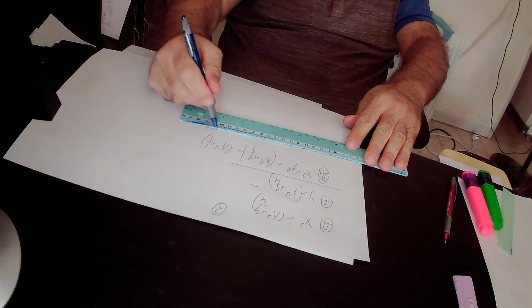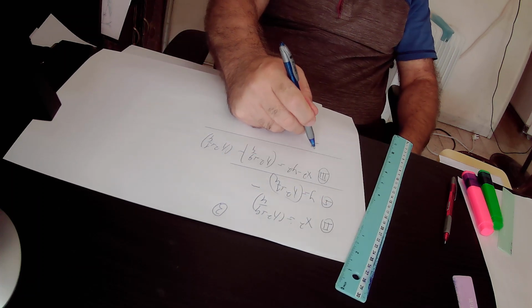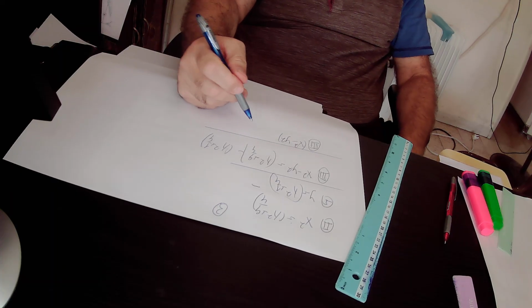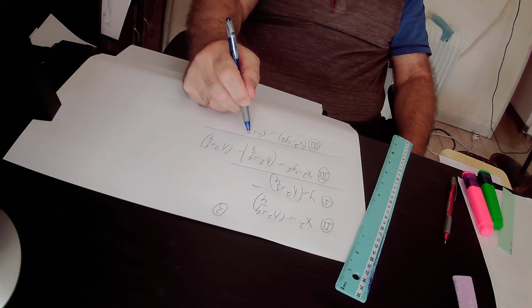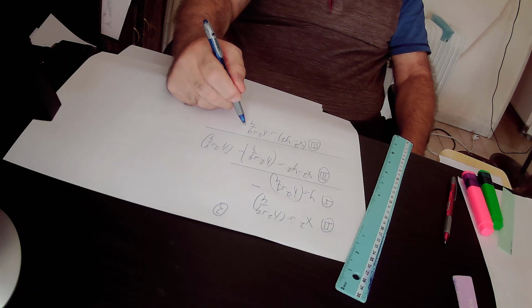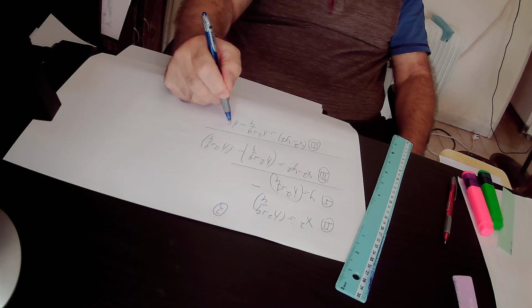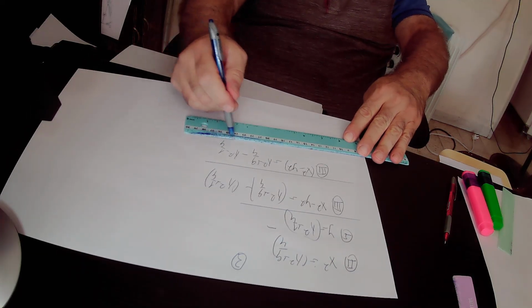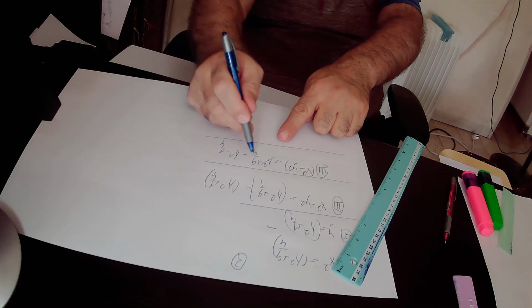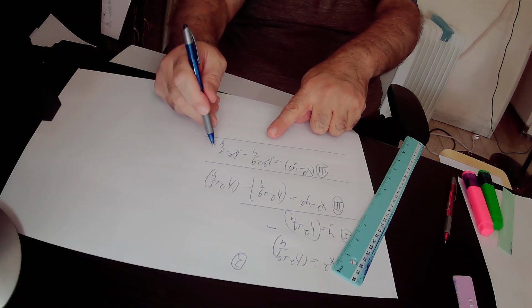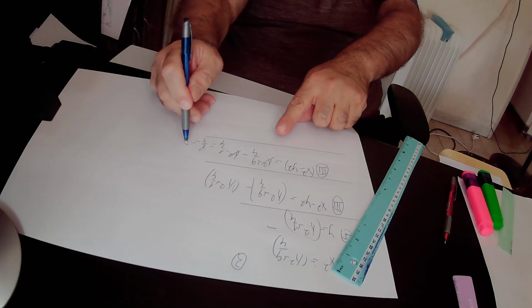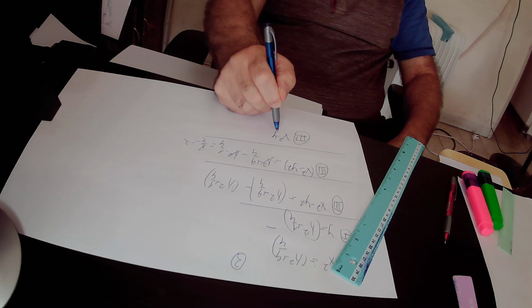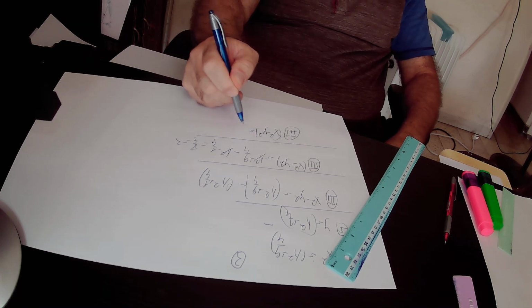We open the brackets here. We get minus h squared minus 1 quarter. So h squared minus h squared is 0, and 9 quarters minus 1 quarter is 8 quarters, which is 2. So in total, according to equation 3, x squared minus y squared equals 2.